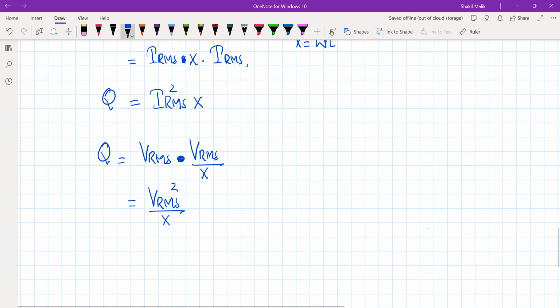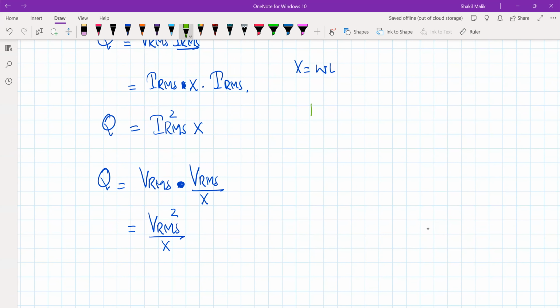Now, if we use the peak value, we know how the RMS value and peak value are related. The RMS value of the current is simply Im divided by root 2, where Im is the maximum value of current.